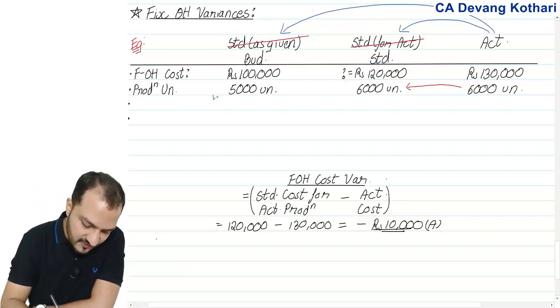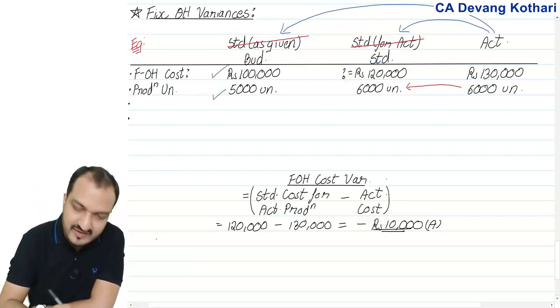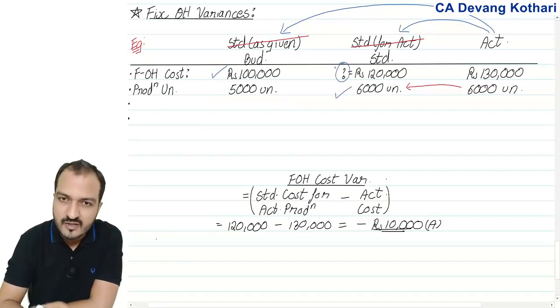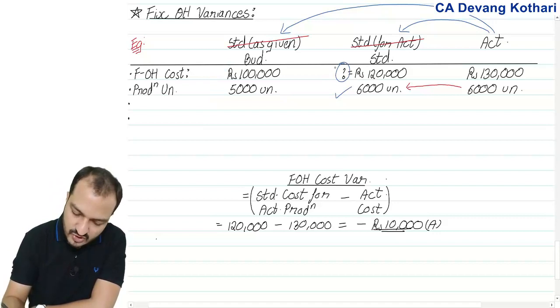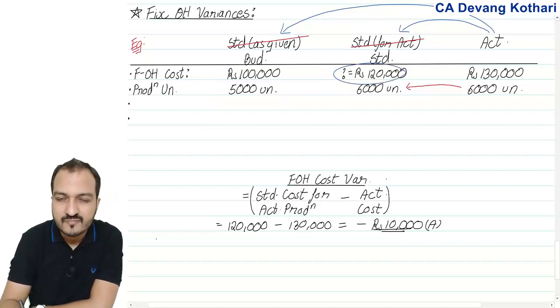If the cost of 5,000 units is 1 lakh, then the cost for 6,000 units should be what? You can cross multiply and get this 1,20,000. However, think again.